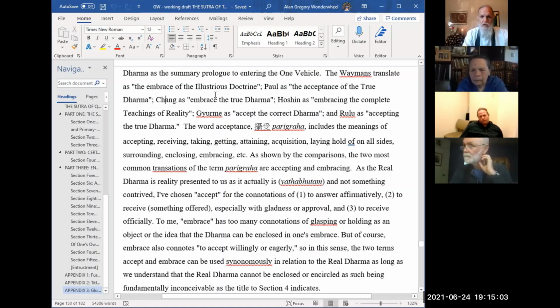But the true Dharma, the real Dharma, are to me the more correct or valid translations of Saddharma.